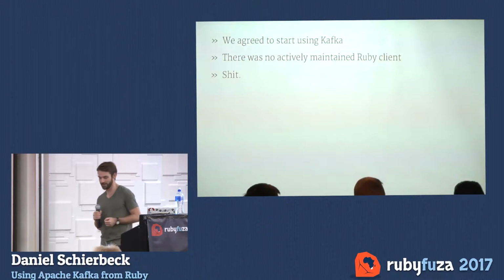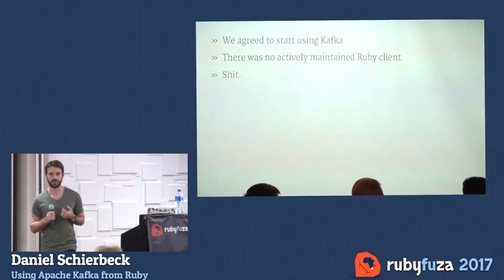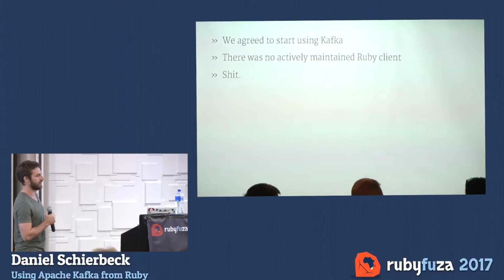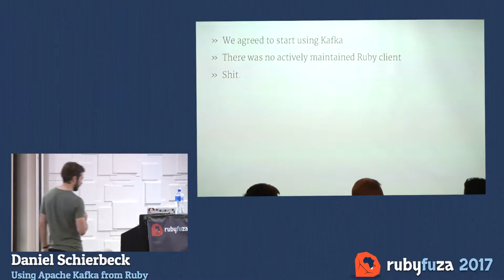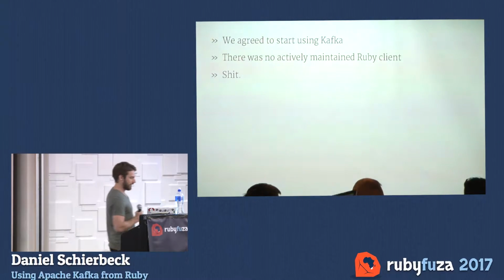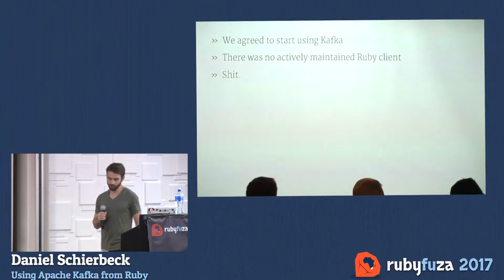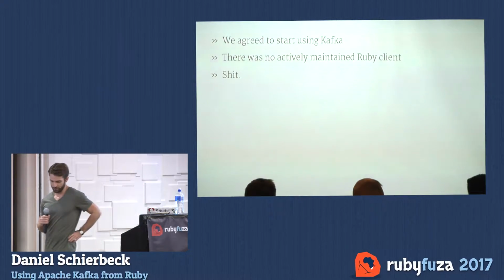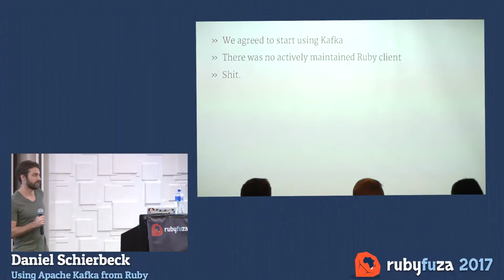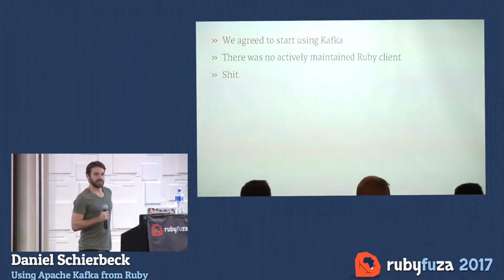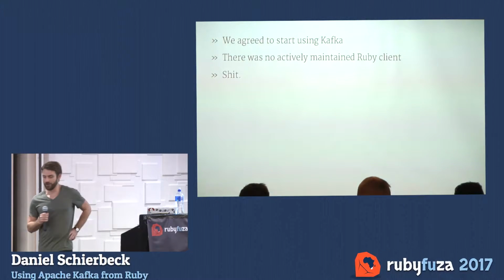But I was opposed to it because there was no actually maintained Ruby client. There was an unmaintained Ruby client that hadn't really seen an update in several years, and that I was worried about using in production at our scale. But we decided to use Kafka anyway for a range of reasons. And then we're sort of left there, trying to figure out how to proceed.